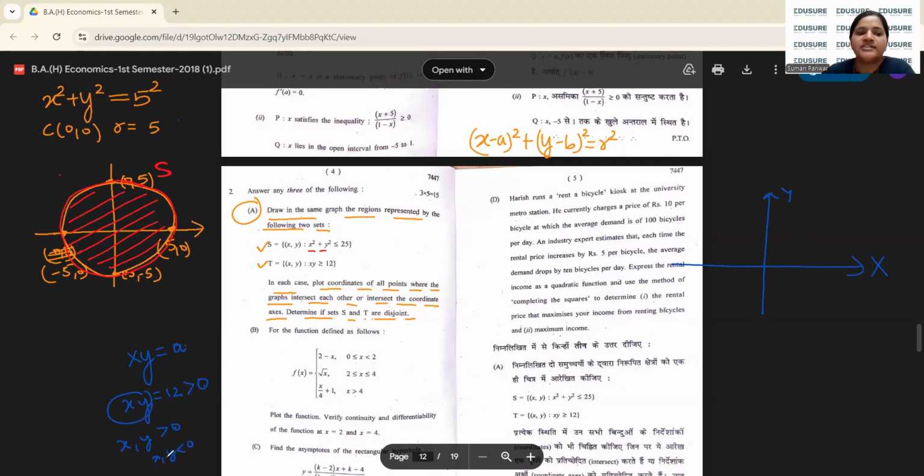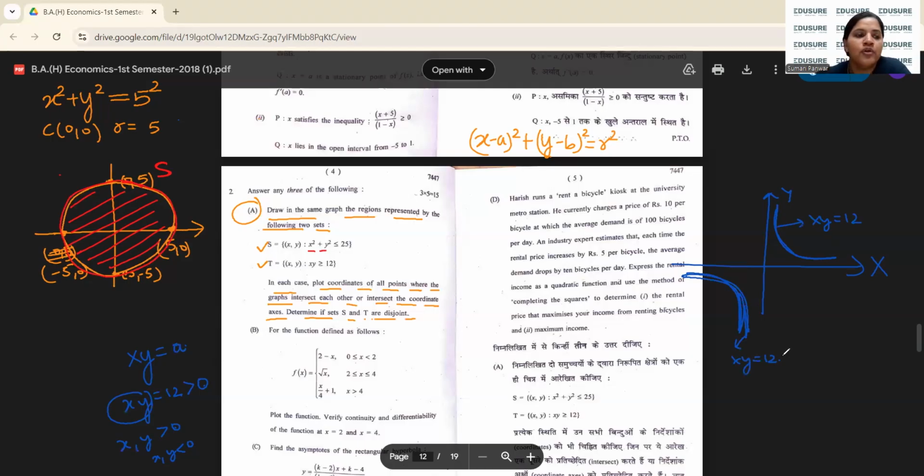And X into Y should be equal to 12. So that means if X is equal to 1, Y should be 12. If X is 2, Y should be 6. So XY equals 12 in the first quadrant will look like this. And when both are negative, it is going to look like this. So this is the graph XY equals 12.